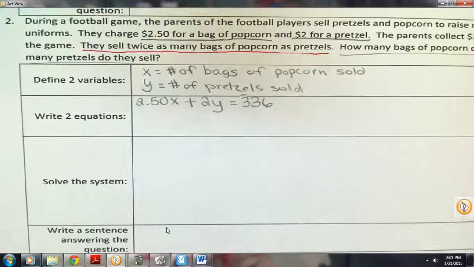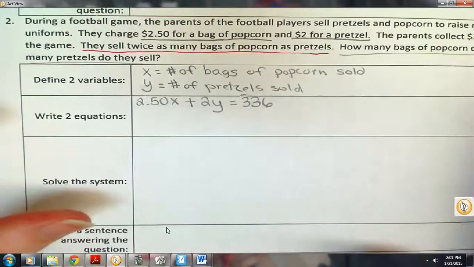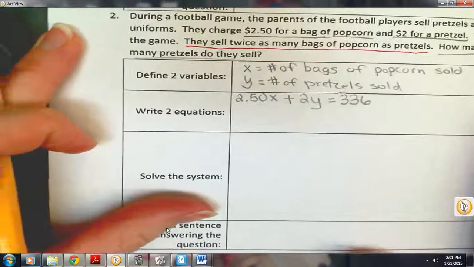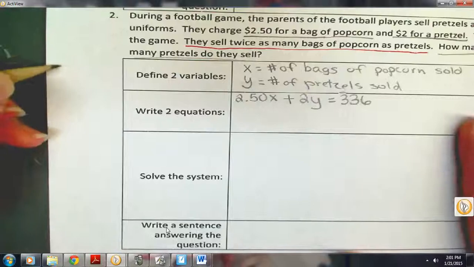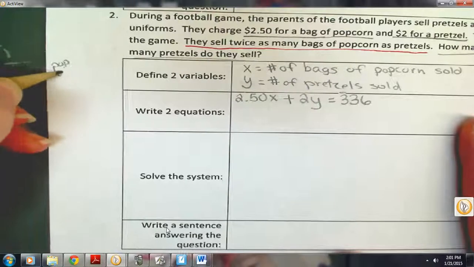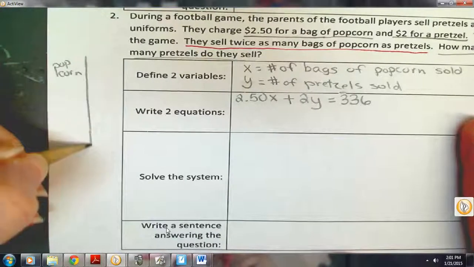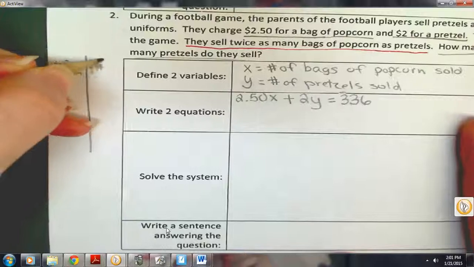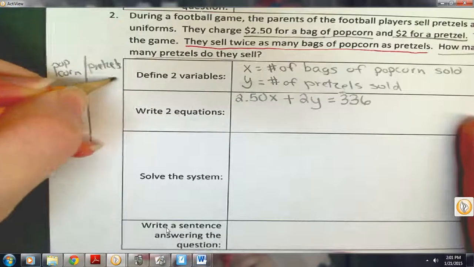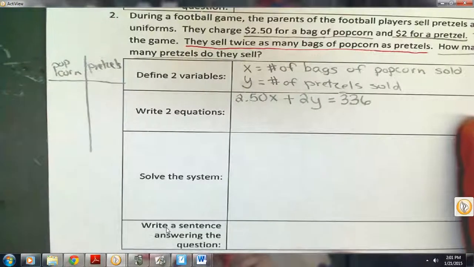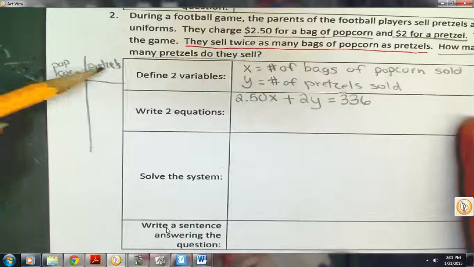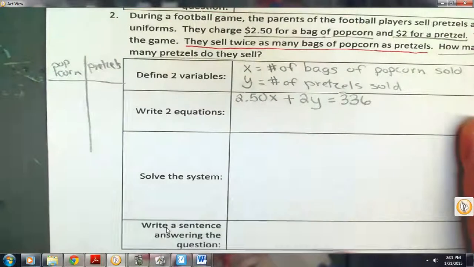Now, before we jump into this equation, let's talk about what that means. I'm going to make a little table here. This says popcorn, and then this says pretzels. We let x be our popcorn, correct? At least the number of bags sold of popcorn.